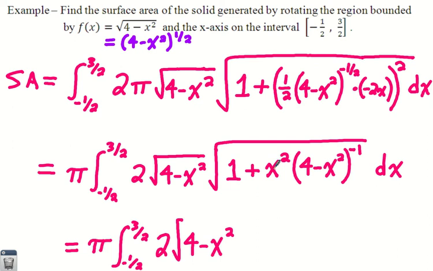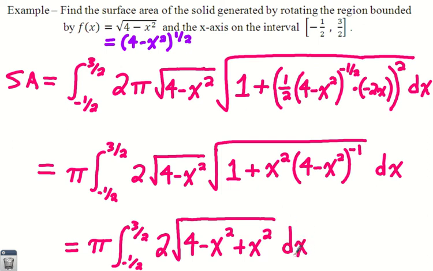So essentially, when this quantity, 4 minus x squared, multiplies to this whole thing, you're really just going to multiply it to this and essentially get 1. And so you end up with that, because 1 times x squared is just x squared.